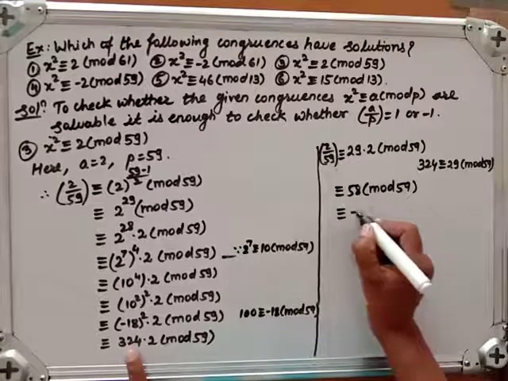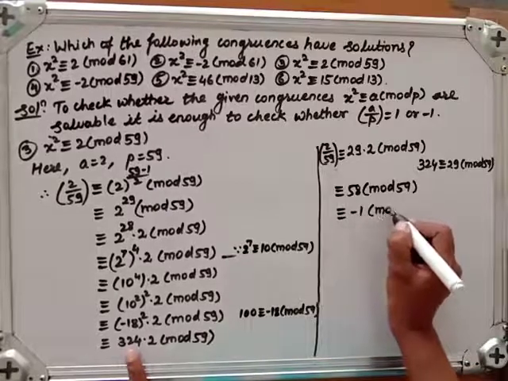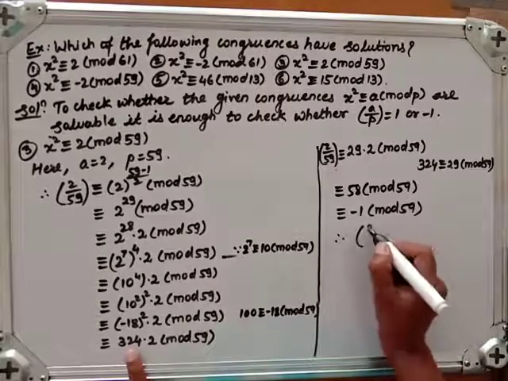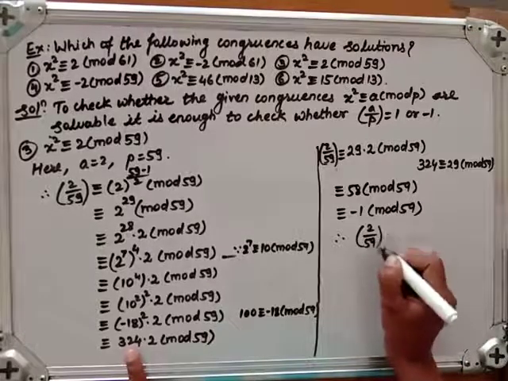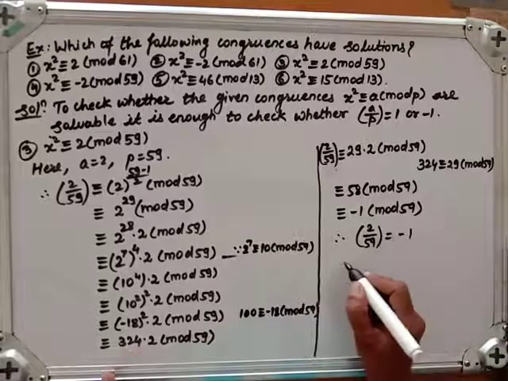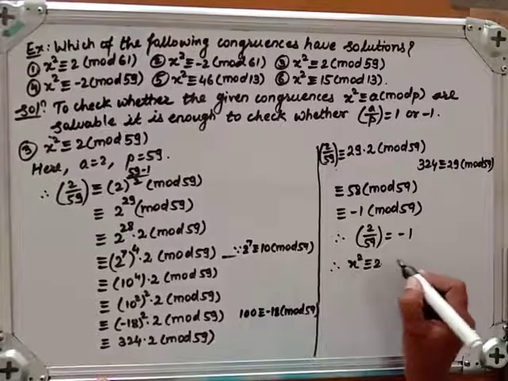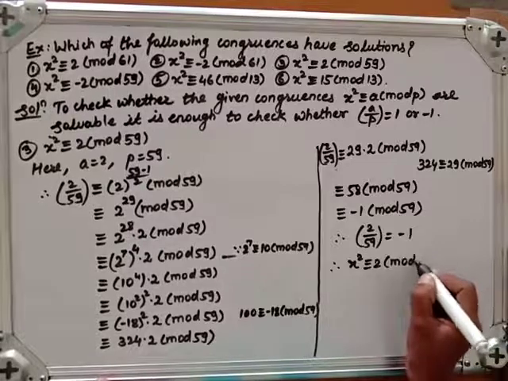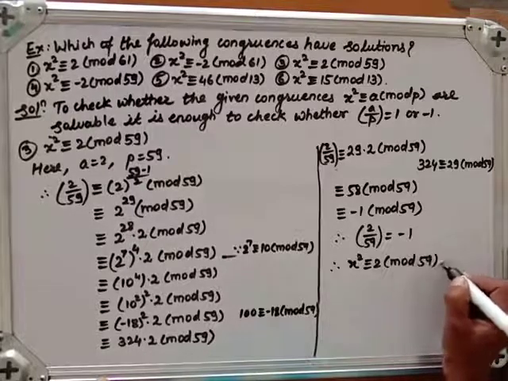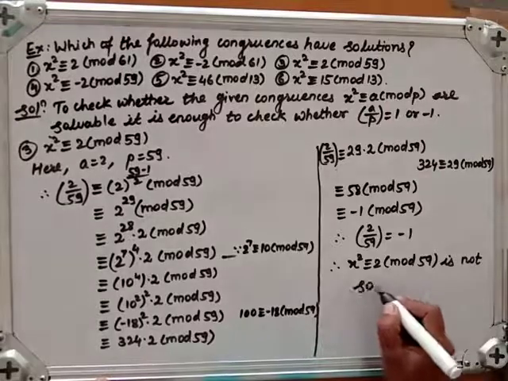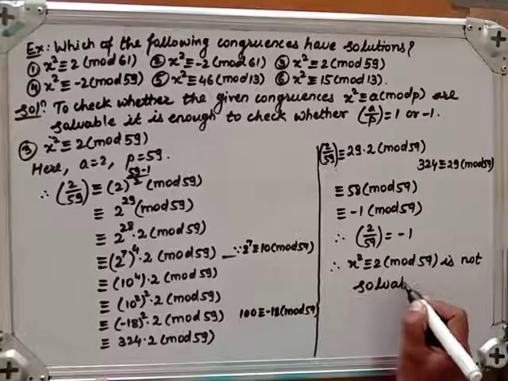So it is what? Minus 1 modulo 59. So what we get? Legendre symbol of 2 over 59 is what? Minus 1. Therefore x squared congruent to 2 modulo 59 is not solvable.